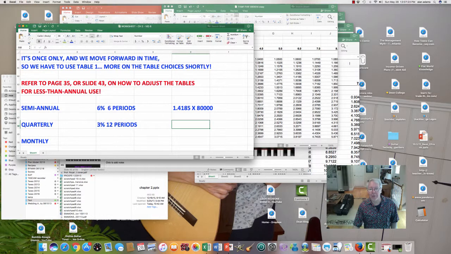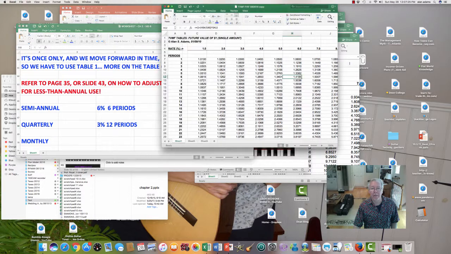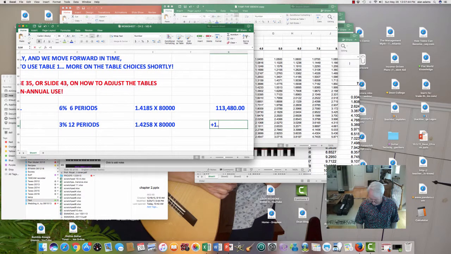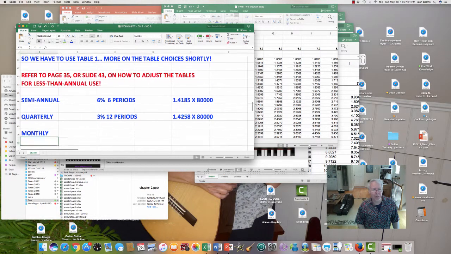So the factor I'm going to be dealing with will be 3% for 12 periods, which is 1.4258, multiplied by $80,000. It's going to get bigger every time we do this because, again, we're compounding more often.